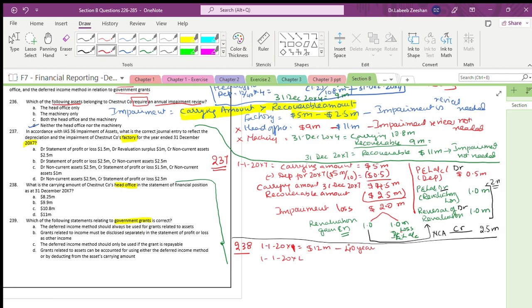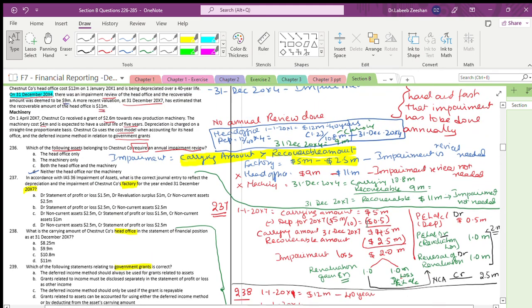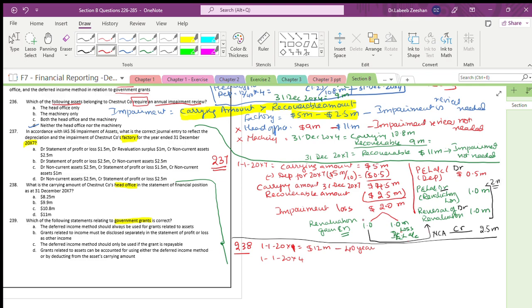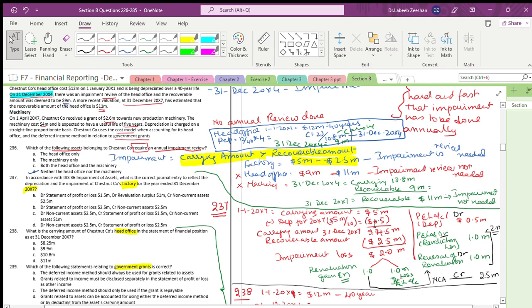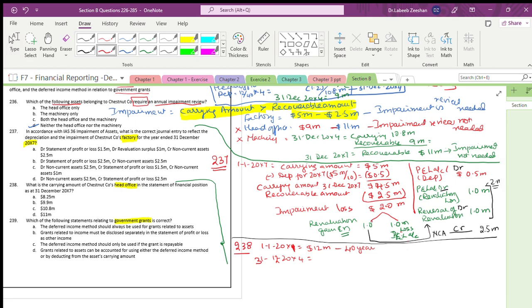On 1/1/2001, 1, 2, 3, 4 years. On 31st December 2004, there was an impairment and the recoverable amount is 9 million.